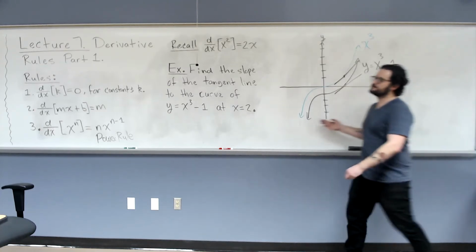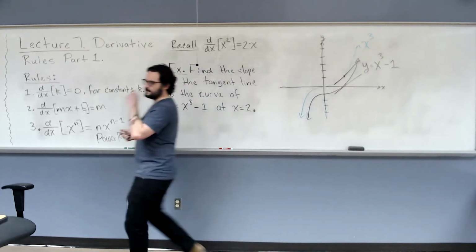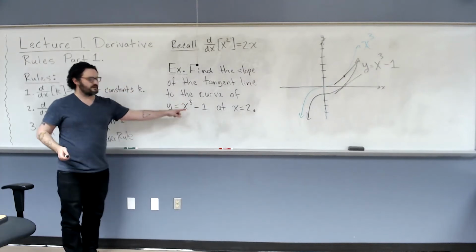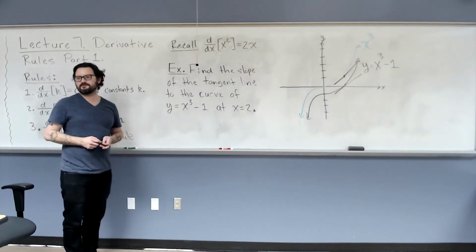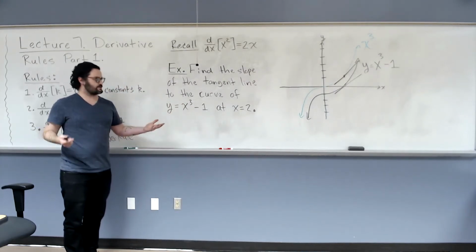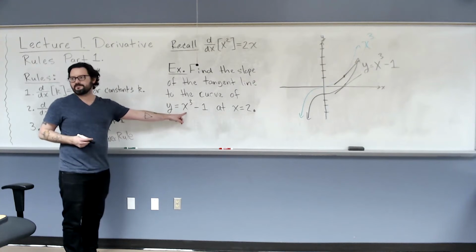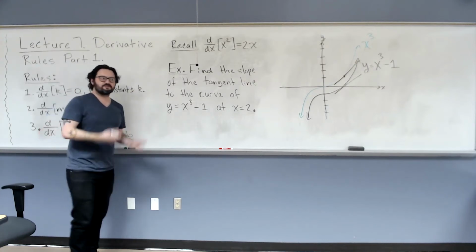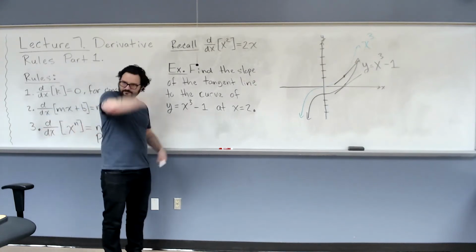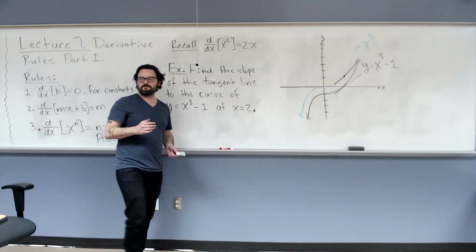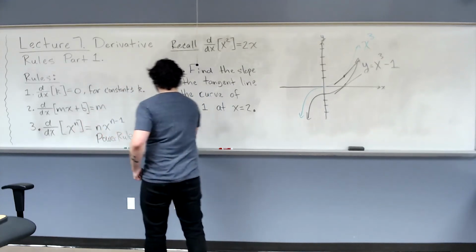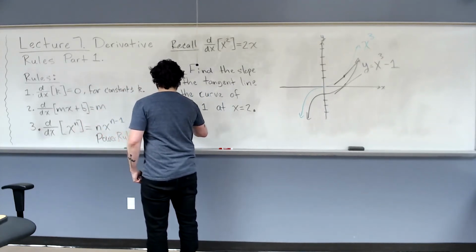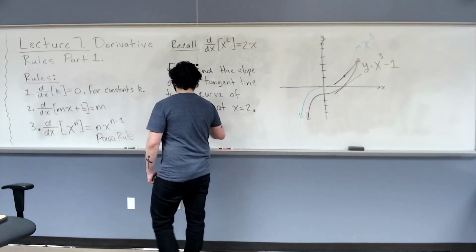So one way of solving this problem is to find the slope of x cubed at x equals 2. Doing that is equivalent to finding the slope of this thing at x equals 2, because the shape has not changed when we brought it down. So, let's talk about it. What's the solution?